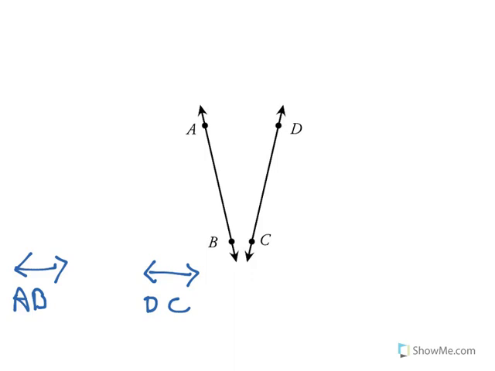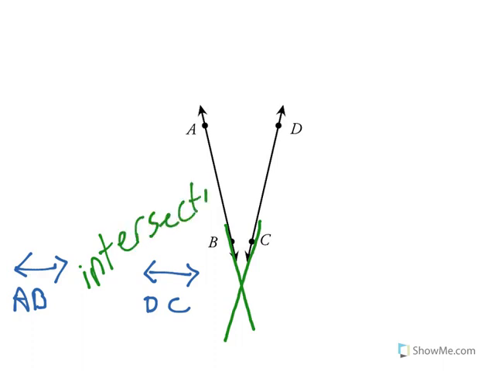So if we extend this line out like this, and then we extend this line out like this, did they eventually touch each other? Yes. So these lines are intersecting. They're intersecting because they touch each other, but did they make a right angle? No, they made an acute angle right there.